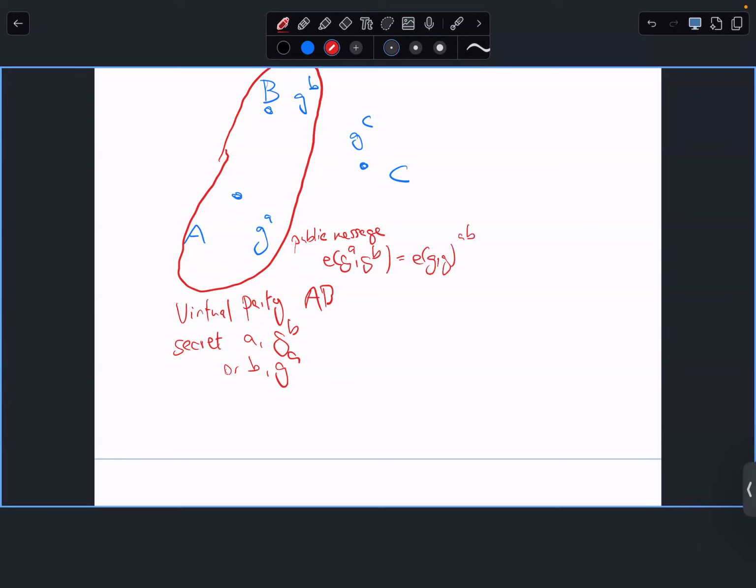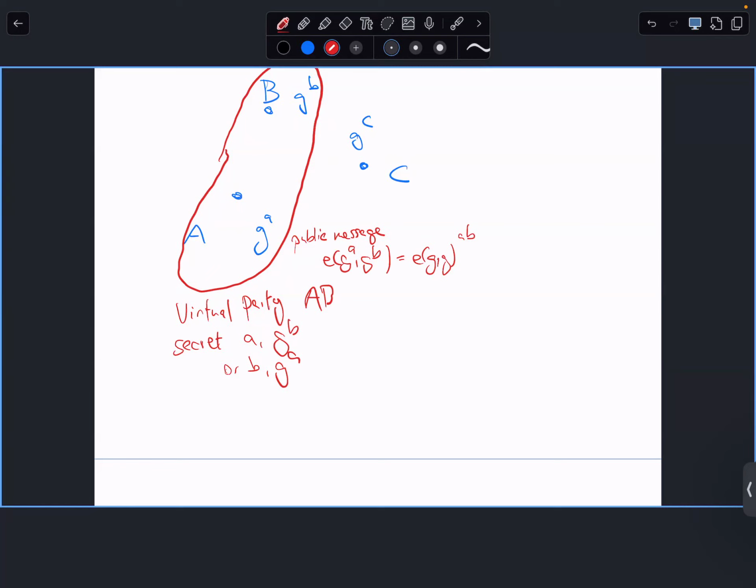And now, from the view of party C, he's essentially just doing a two-party key exchange with this virtual party AB, right? Because he sends to this party AB that it's in reality two parties. It doesn't have to matter for him because A and B get the same message from him. It's always g to the c.